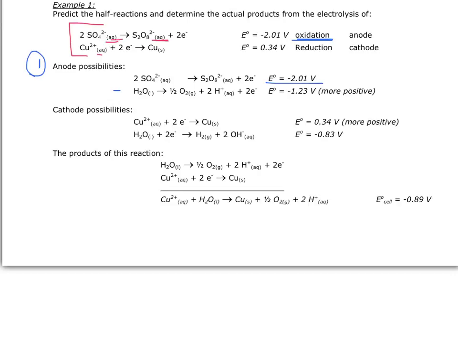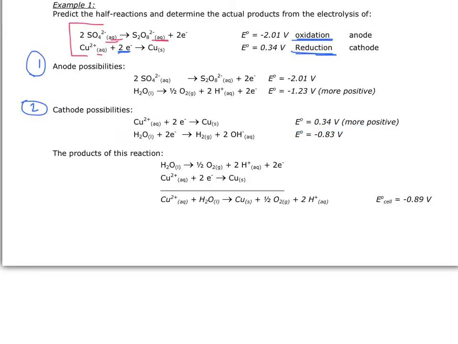And we also have water happening where we have either A, remembered where it's at in the cell potentials table, or memorized it all together. The next step is then to write down cathode possibilities. Cathode is where reduction takes place, so we'll carry down the copper half reaction with its potential, and we'll write out the water half reaction, where we've either A, remembered where it's at from the cell potentials table, or we've memorized it all together.